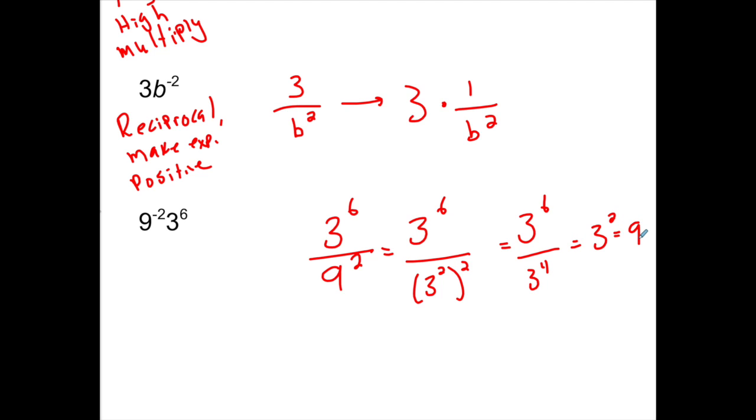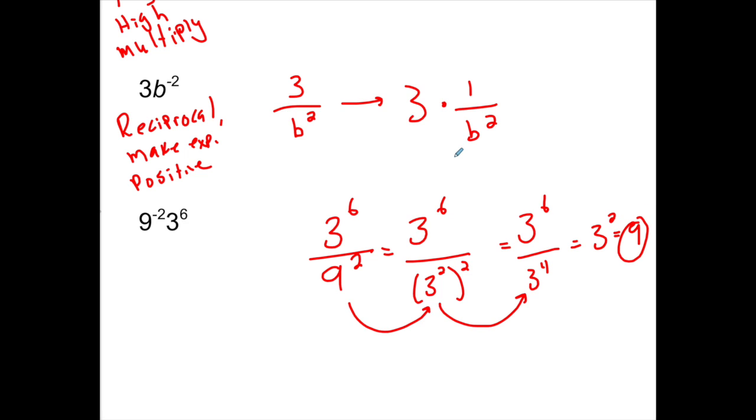You have 3 to the 6 up top, and the bottom becomes 3 to the 4, just by rewriting and using the laws of exponents. Then you have 3 to the 6 over 3 to the 4, so the exponents subtract, giving you 6 minus 4 is 2. You get 3 squared, which is 9.